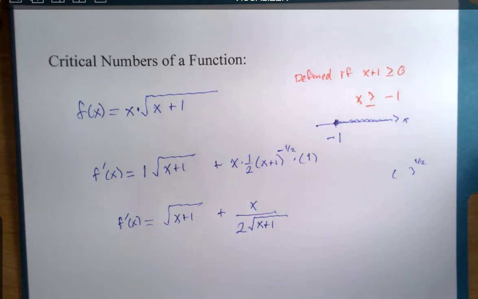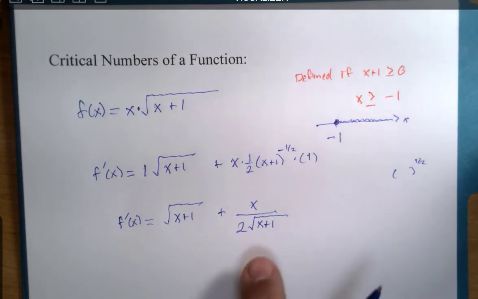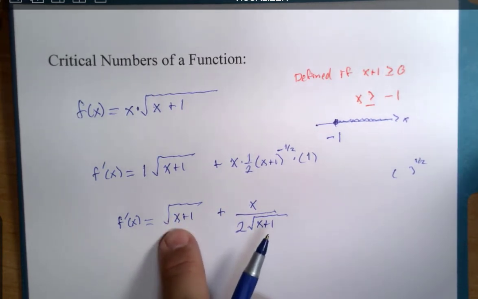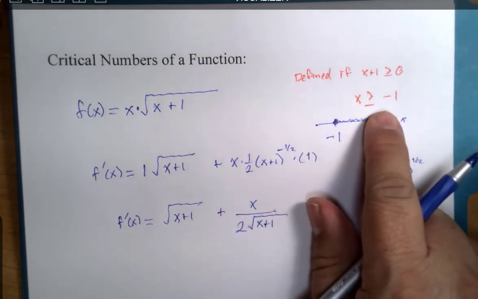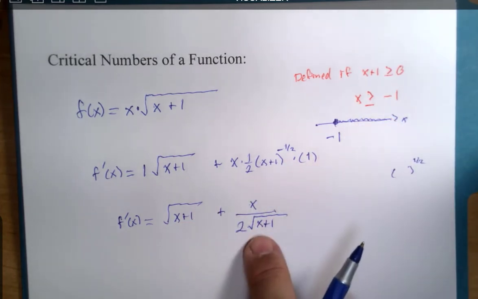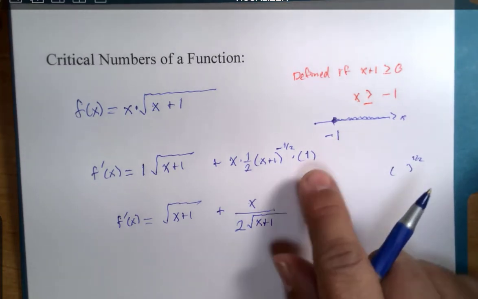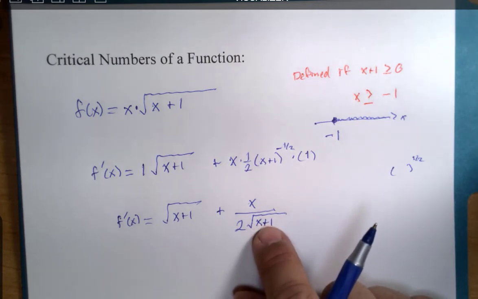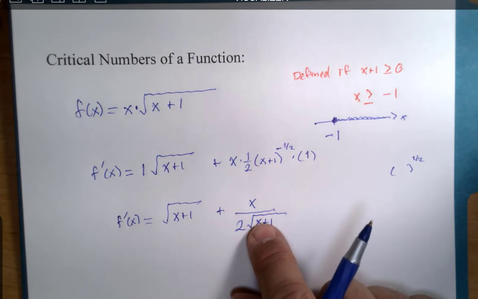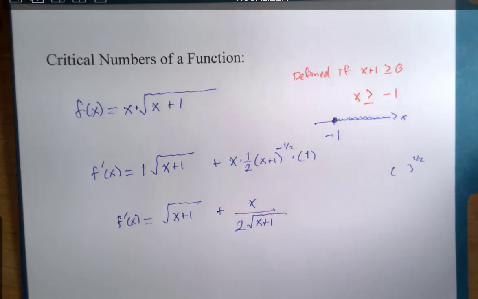And we sort of repeat that initial question. When is this undefined? Well, this is undefined for the same values as the original, but there is something different here. If x is negative 1, and negative 1 plus 1 is 0, the square root of 0 is 0, 2 times 0 is 0. We cannot have 0 in the denominator.